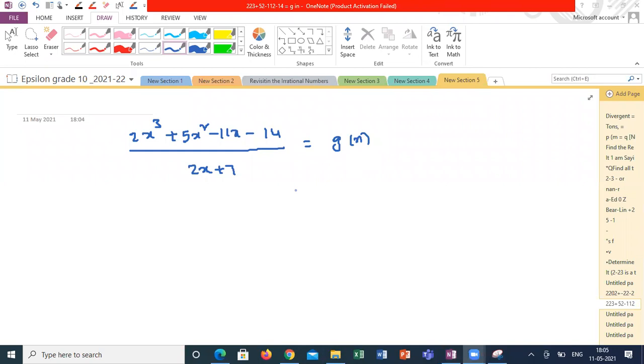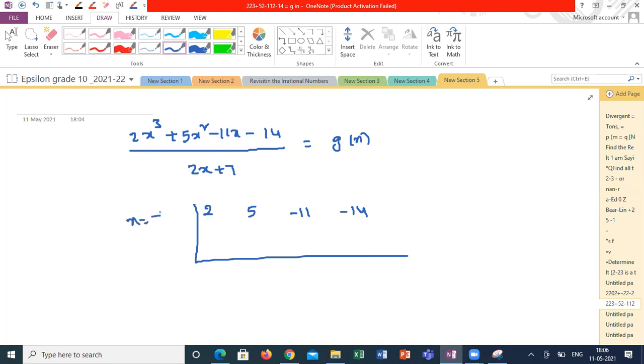Can anyone guide me? What is the first step? So we need to write down the coefficients: 2, 5, minus 11, minus 14, correct?